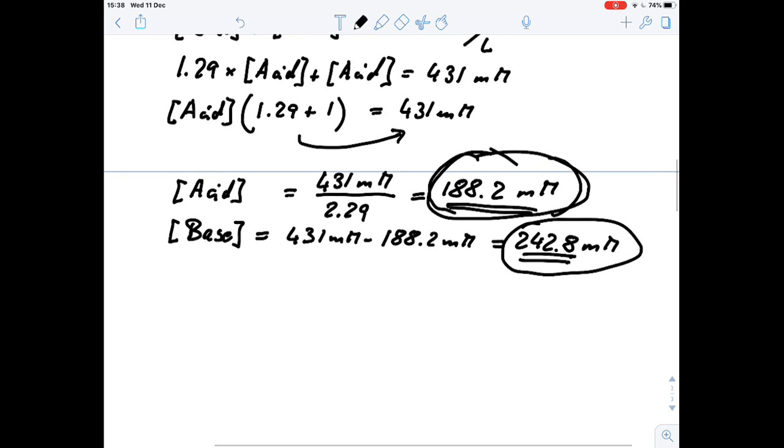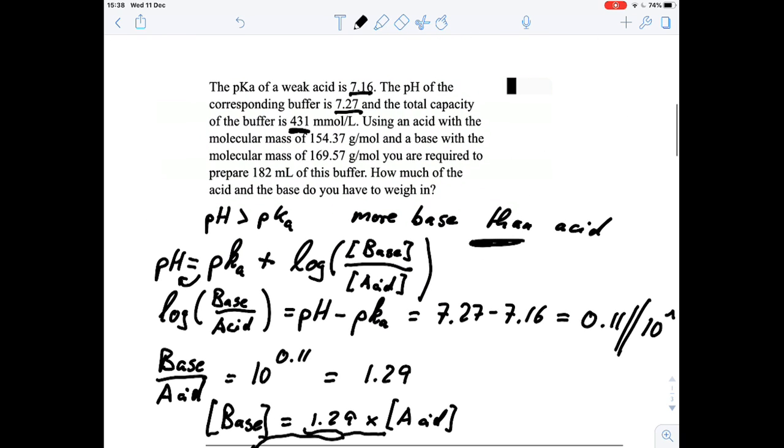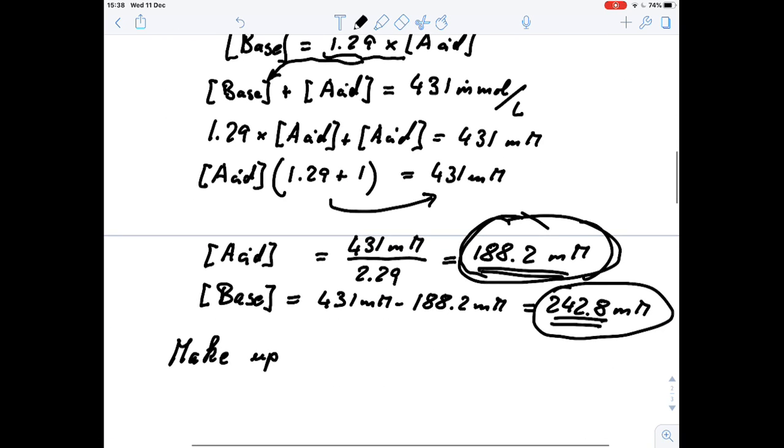So what are we going to do with these things? Well, basically, it boils down now to a different problem. It boils down to making up 182 milliliter of, let's go for the base first, a 242.8 millimolar solution.